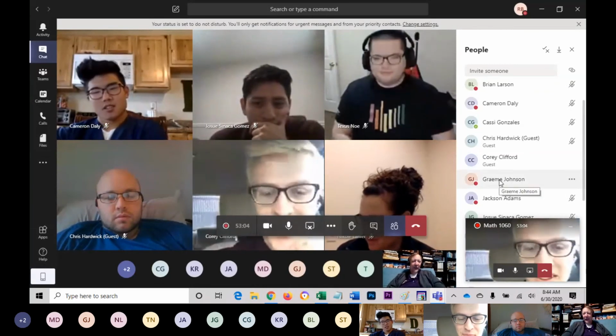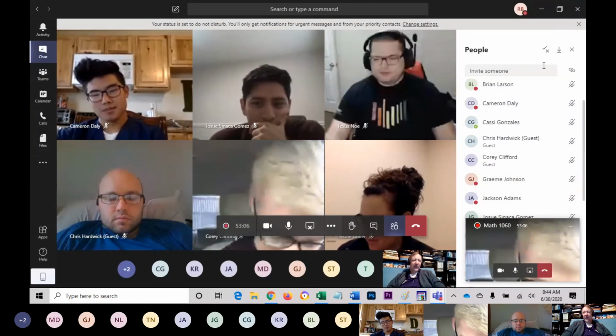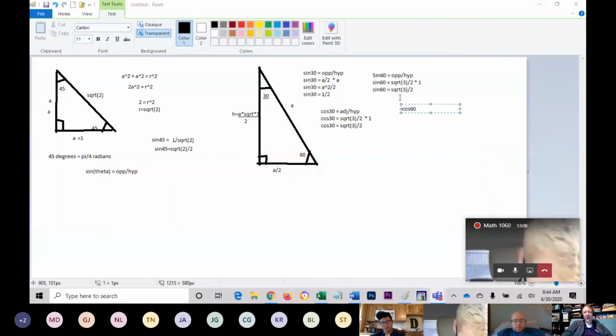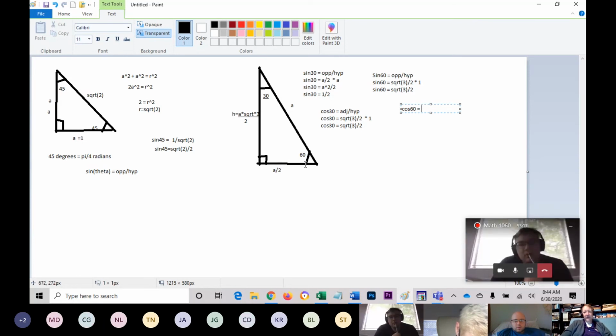That's good. All right, Graham Johnson, can you help me with the cosine of 60 degrees in this case? So it's our 60 degree angle here. A question I have real quick. Are the formulas like hypotenuse over adjacent relative to the angle that you're looking at? So the opposite of the 60 degree angle would be h?